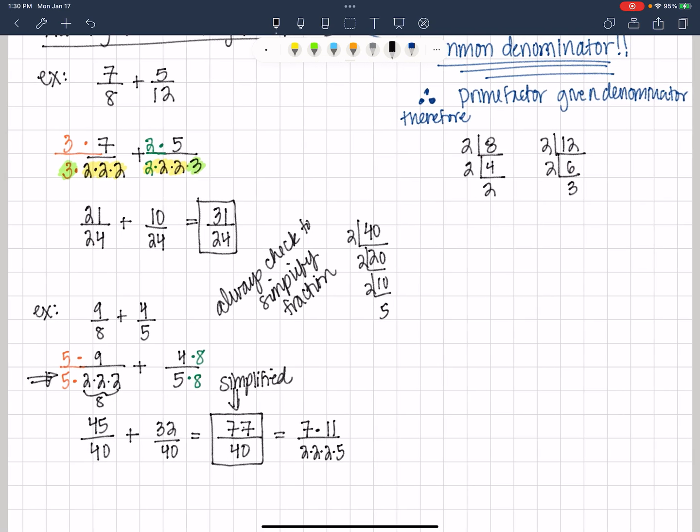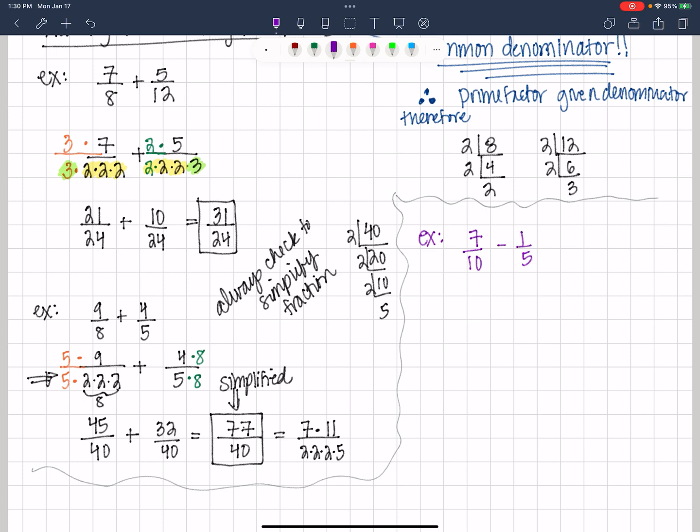Okay, so let's try some subtraction. So I'm going to use the most of my space right here, and we're going to do another example. I'm going to use purple now just to differentiate that. Now I'm using some subtraction here. So we've got 7/10 minus 1/5.